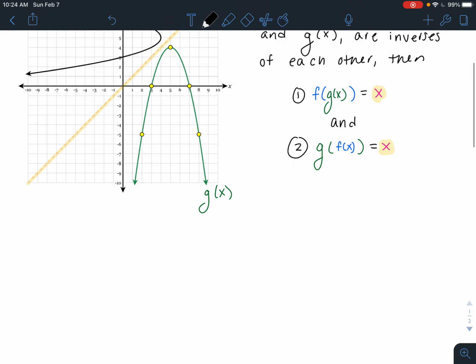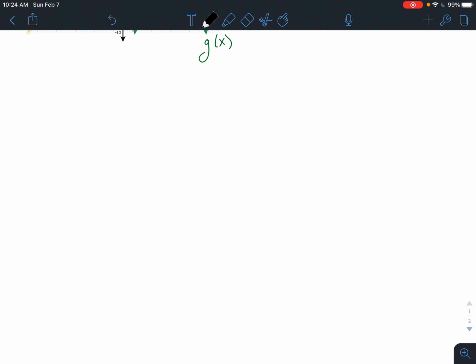So I'm going to show you two examples. We're going to use function composition to check if these two groups of functions are inverses of each other. So we're going to use function composition to verify if f of x and g of x are inverses.